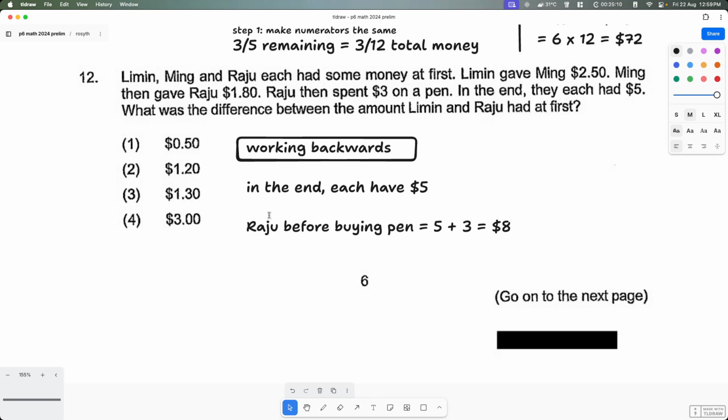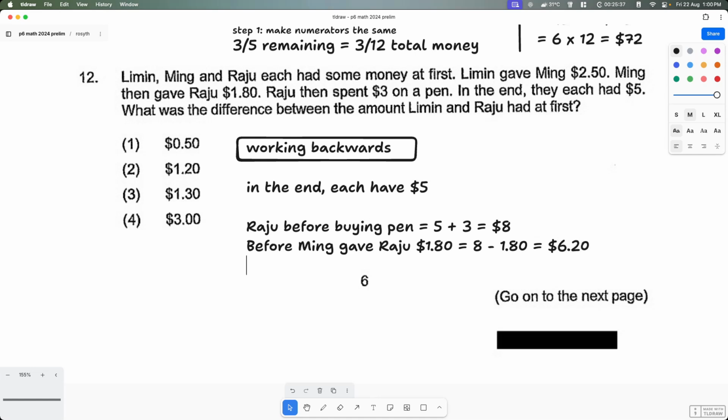Okay, so that's the first part. Second part, Ming then gave Raju $1.80. So that means before Ming gave Raju dollars 1.80, it's $8 minus 1.80, and this will be dollars 6.20, right?